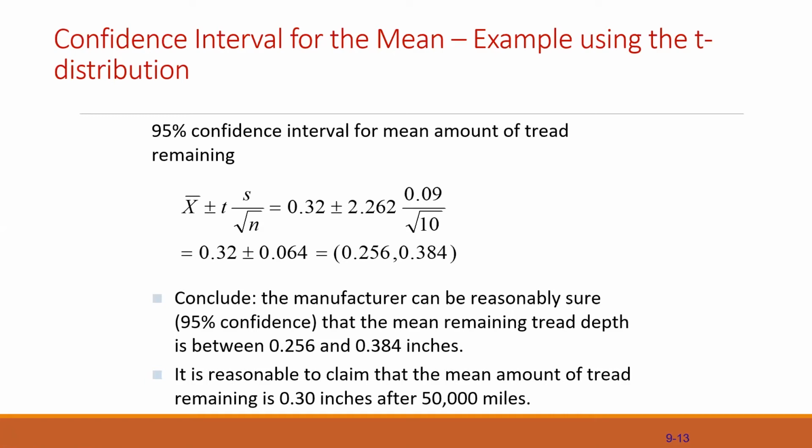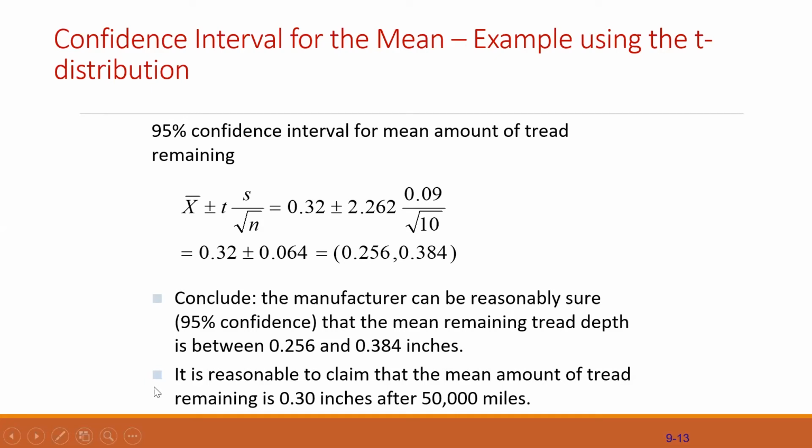So what we can tell from the interval is that on average, if you purchase a set of tires from the manufacturer, you would expect the remaining tread to be between 0.25 and 0.38. Now, if you got a number outside that range, especially towards the lower end, there's a problem, right? You would question the quality of the tires.